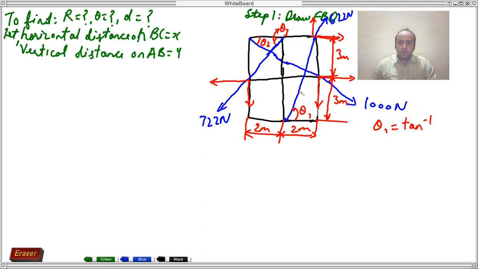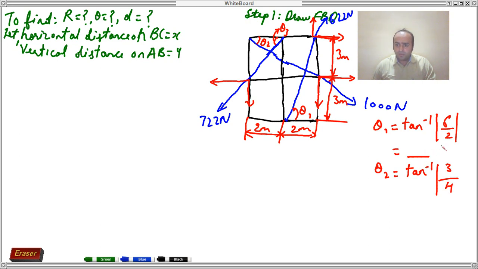Theta 1 is equal to tan inverse of opposite, that is 6, divided by adjacent, that is 2. I'll keep it as it is, and whatever the value is, it will be calculated in degrees. Theta 2 is equal to tan inverse of modulus of opposite, that is 3, divided by adjacent, that is 4. 2 plus 2 is 4.